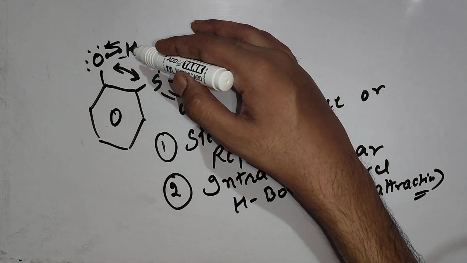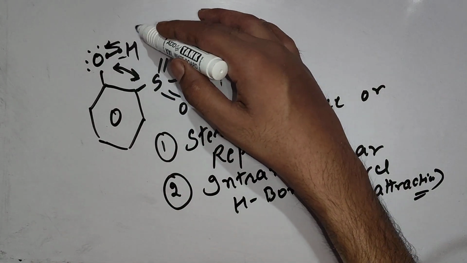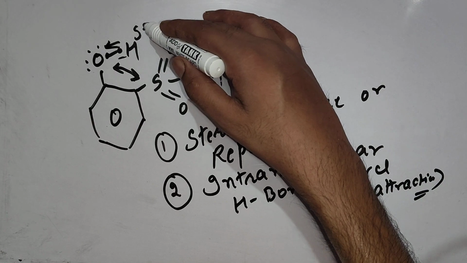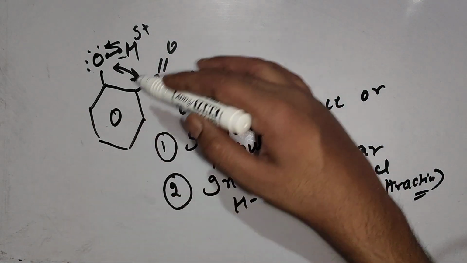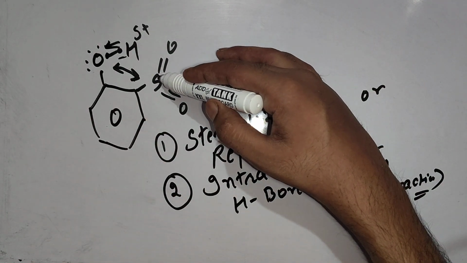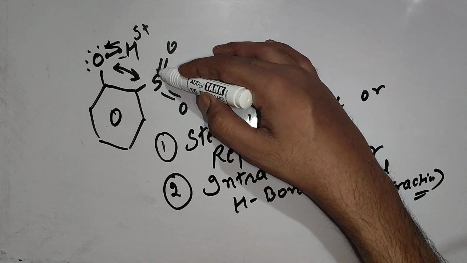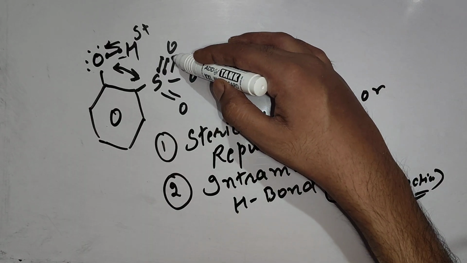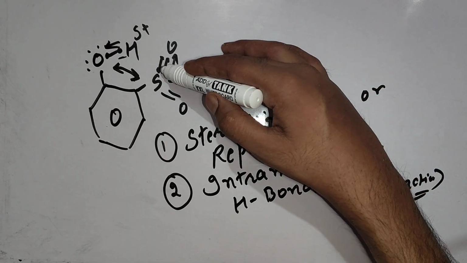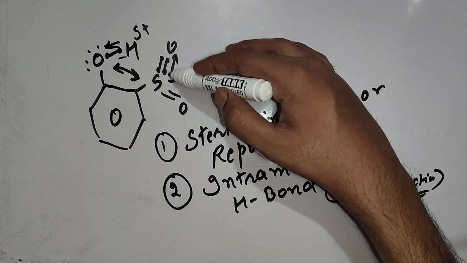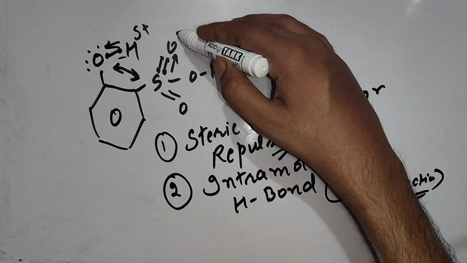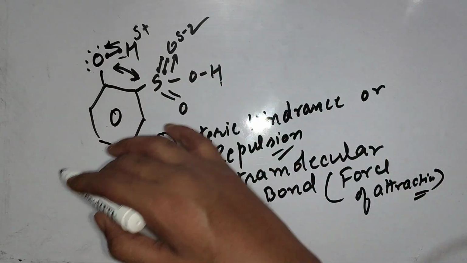Now because this hydrogen is losing control on its electrons, what charge will develop on it? Partial positive. And here this oxygen is more electronegative than sulfur, so these electrons are going toward oxygen. Now electrons of sulfur are slightly going toward oxygen, so this oxygen will carry partial negative charge.